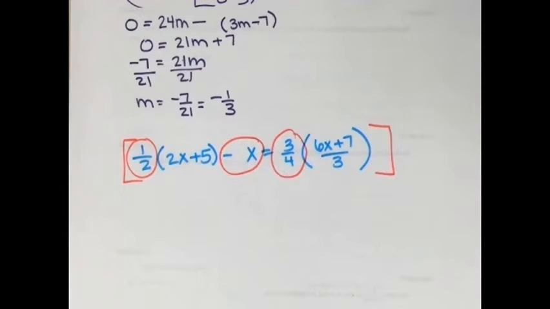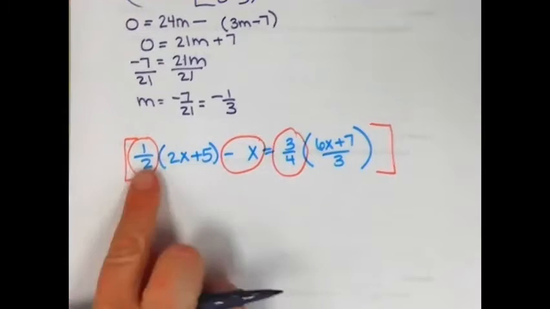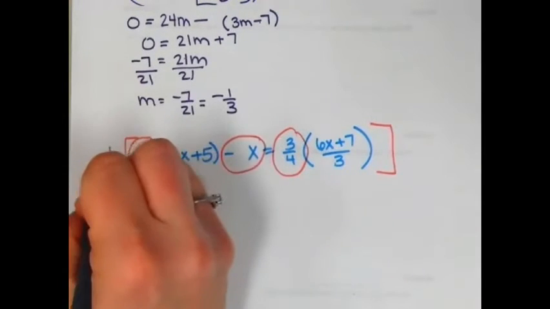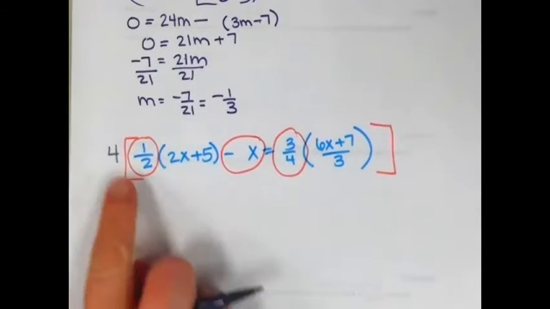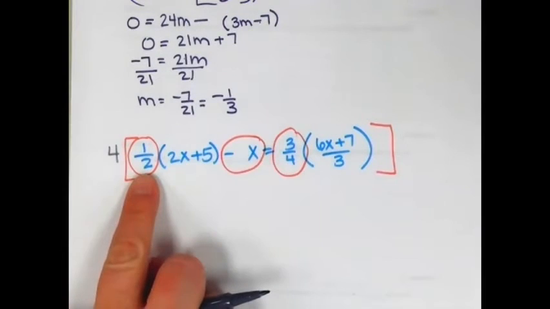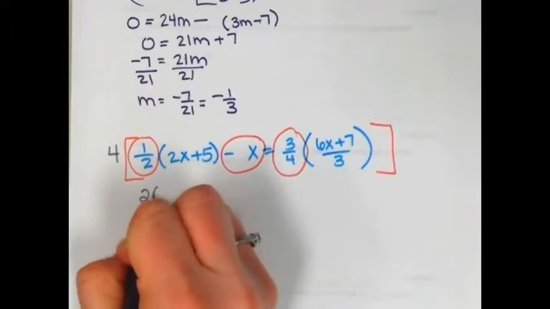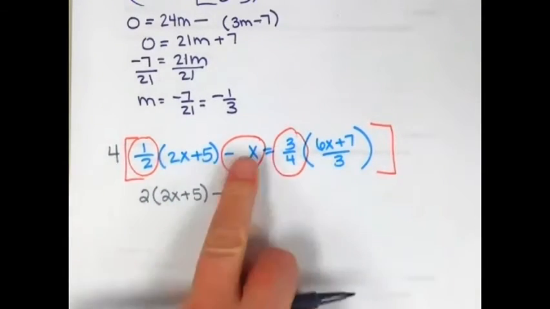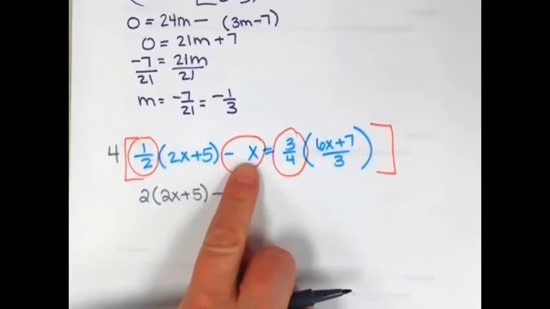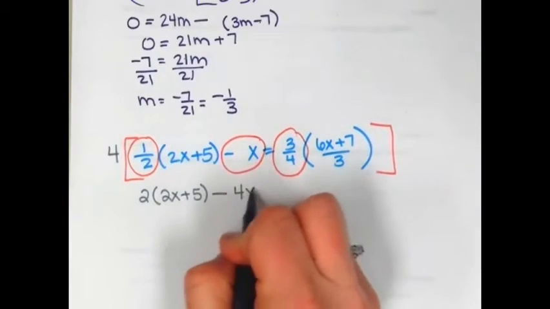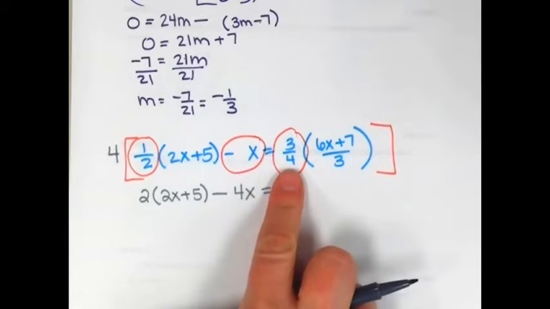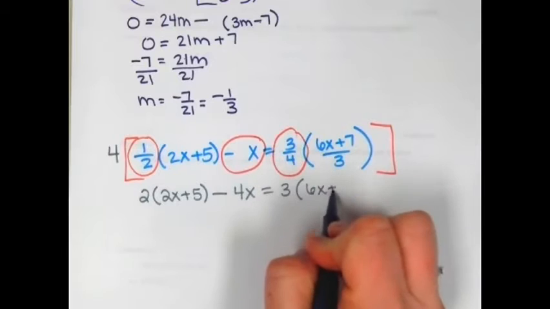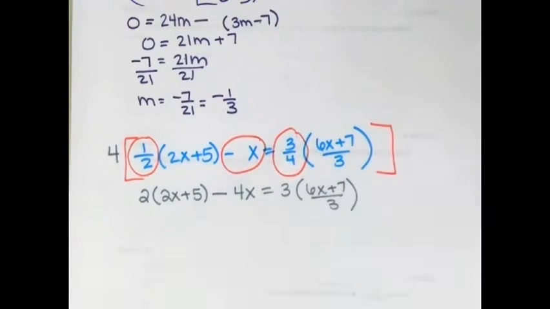Exactly. Okay. So what is my common denominator between 1/2, x, and 3/4? 4. So I'm going to multiply those by 4. 4 times 1/2 is 2. So we're going to have 2 times the quantity of 2x plus 5 minus 4 times x, 4x, equals, what's 4 times 3/4? 3 times 6x plus 7 over 3.